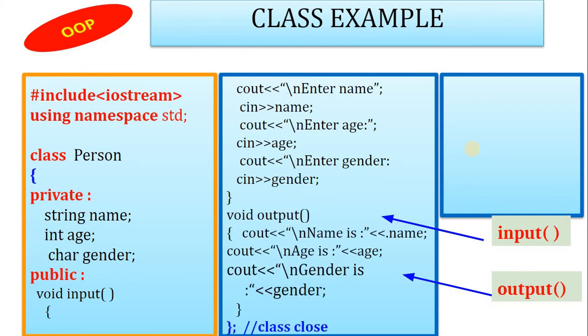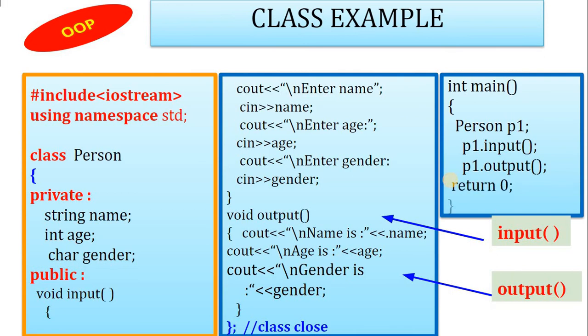So, here the class closes, and inside the main function, though input and output have been made public, they cannot be accessed from the main function directly, that is, the non-member function. Main cannot access the input function and output function directly. It has to use the object of that particular class first, person p1, and then write p1.input and p1.output.